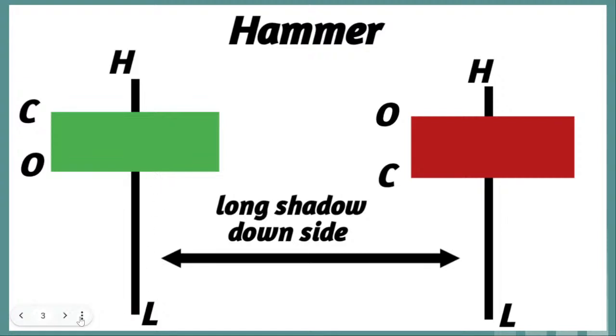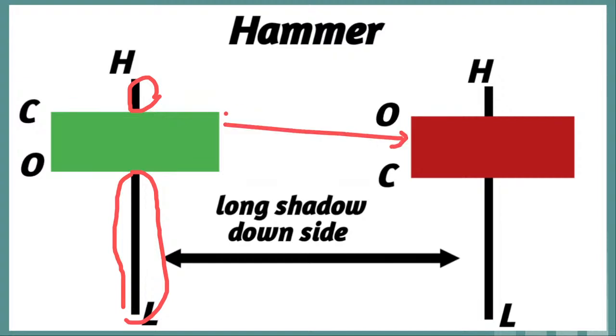We can call this line a shadow or else a wick. If you see it on the downside, it is considered a lower wick, and if you see this kind of line on the upside, it is considered an upper wick or shadow. The same thing you can see in both candles, bearish and bullish.